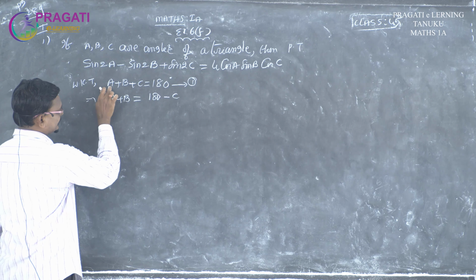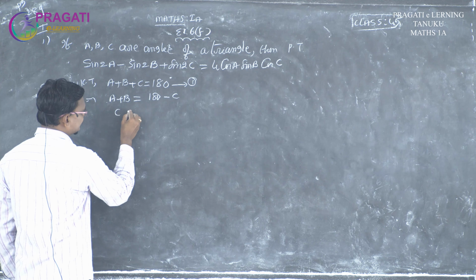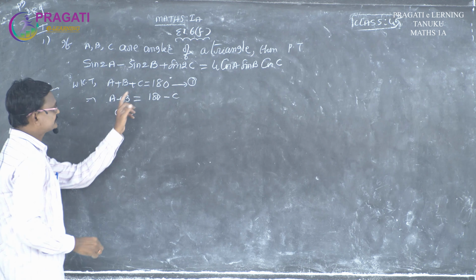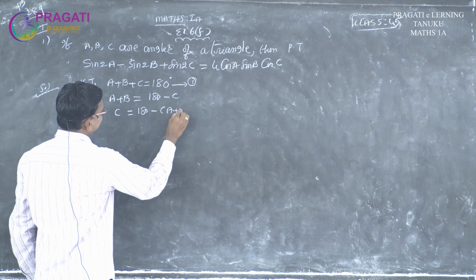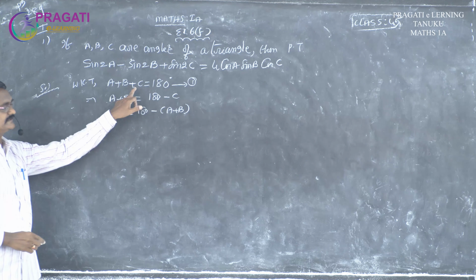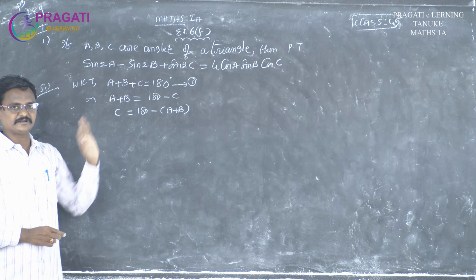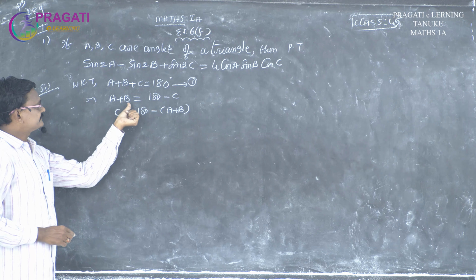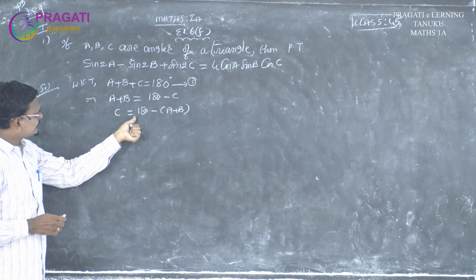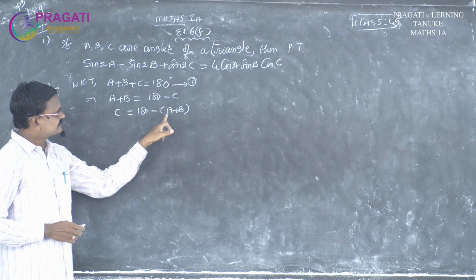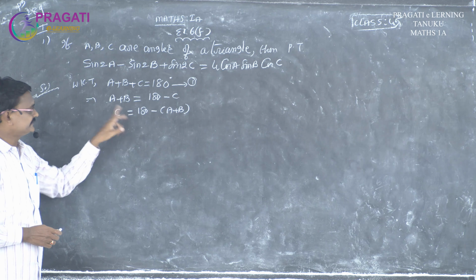And from this, C is equal to 180 minus (A plus B). This is the standard relation, A plus B plus C equal to 180, so A plus B is 180 minus C, and also C is equal to 180 minus A minus B.